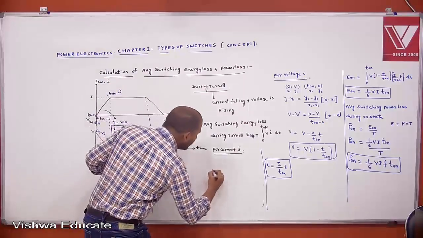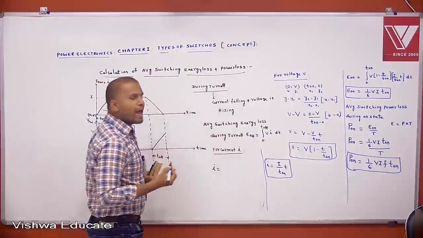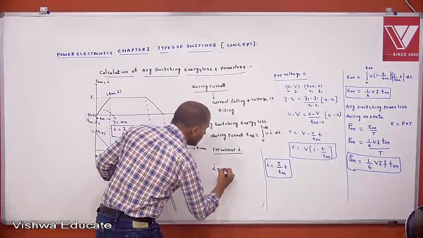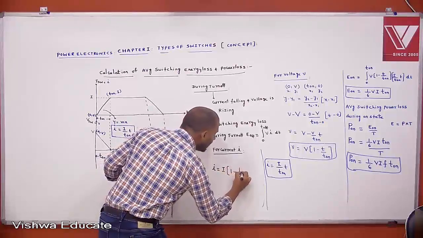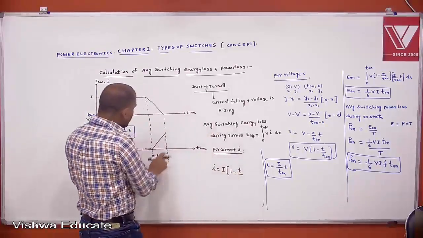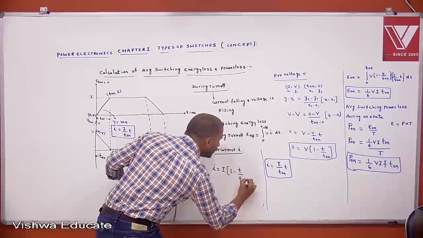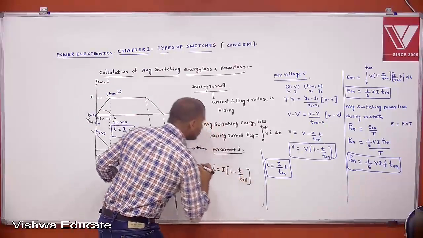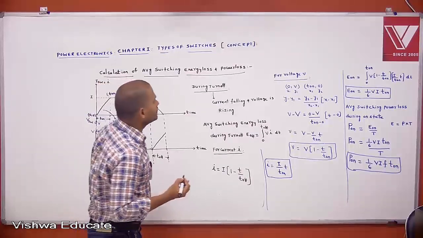Then for falling, how to write the expression for I? I equal to amplitude into, what is amplitude? I into 1 minus T by, this is during T on or T off? During T off. I equal to I into 1 minus T by T off.